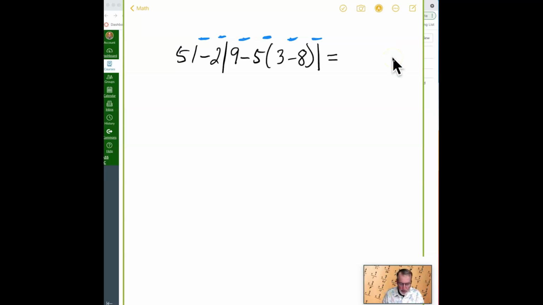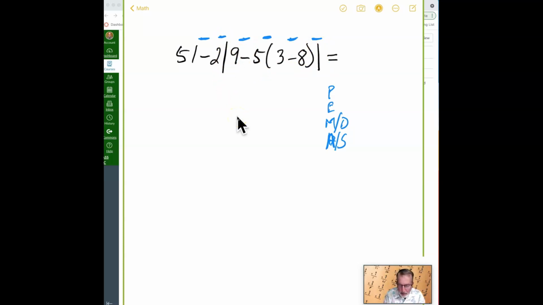And according to PEMDAS, we're looking for parentheses first of all, and we do have some parentheses here. We've got parentheses here, and then also in the parentheses category are these absolute value brackets.